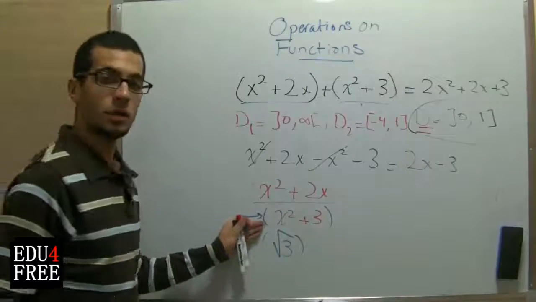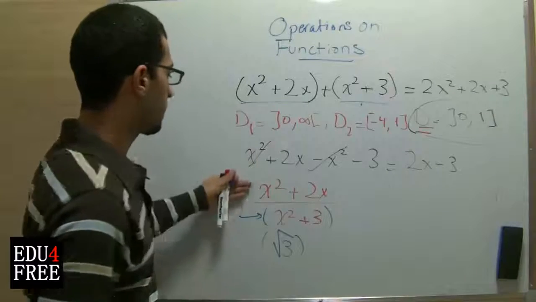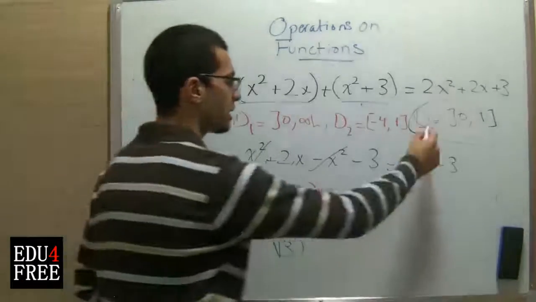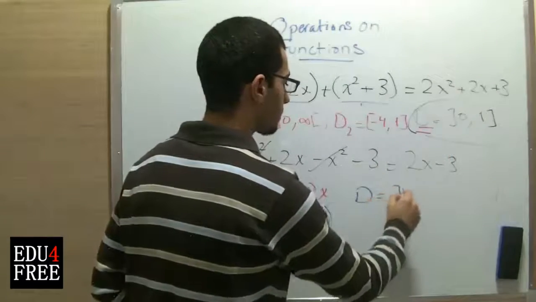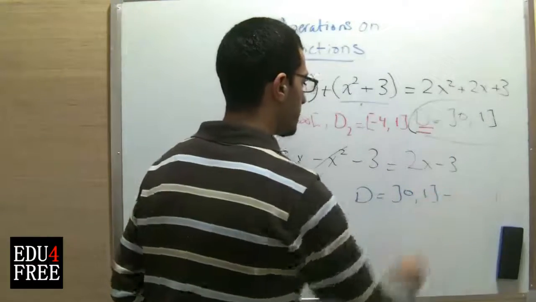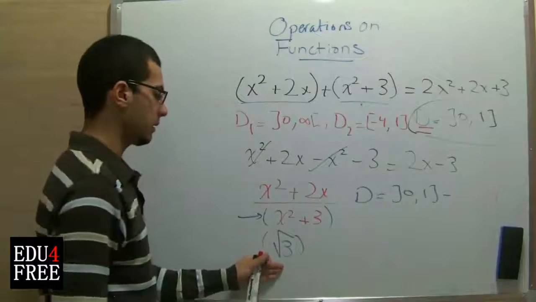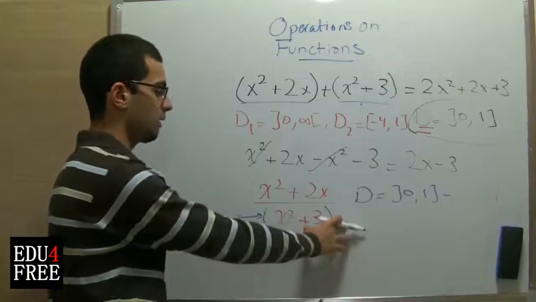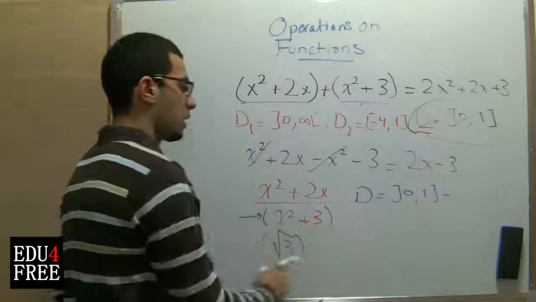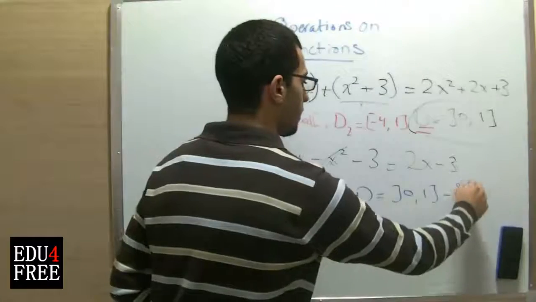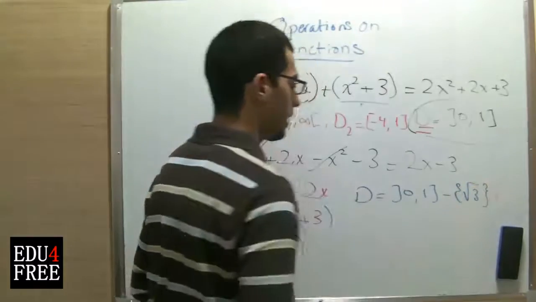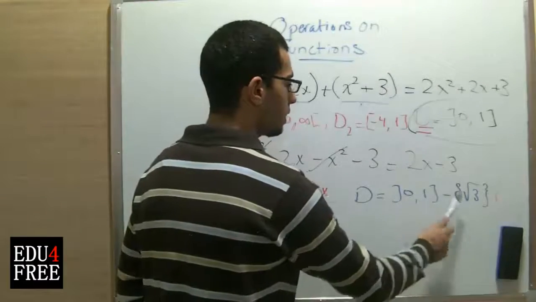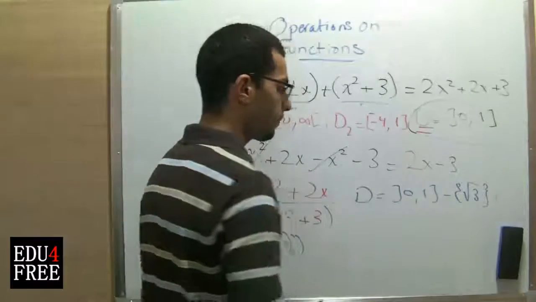So the result will be undefined because we'll have a number divided by 0. So the domain of the resulting function will be the same as that one, minus the set of zeros of the function in the denominator. So the domain will be like that. 0 to 1, minus root 3.